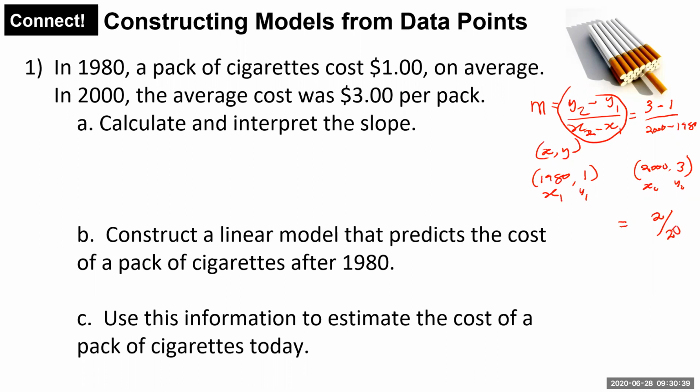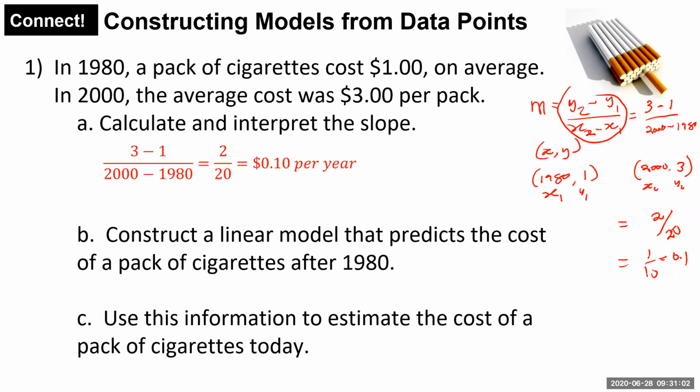So really, you have 1 over 10, and 1 over 10 is 0.1. So your slope is 0.10 per year. Is that okay? Nice. So you have found the slope.